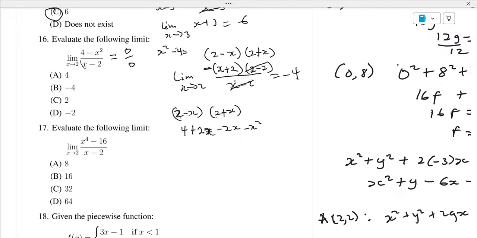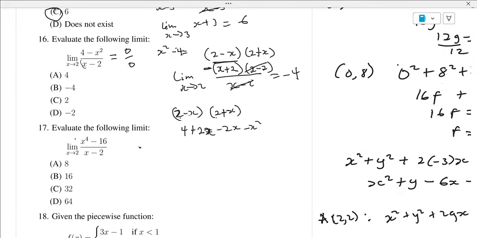But okay, I didn't see what I did here. So you say it is supposed to be 2 minus x and then 2 plus x. Please take note. If they draw our attention to the mistake, we correct it and we continue. Understood?